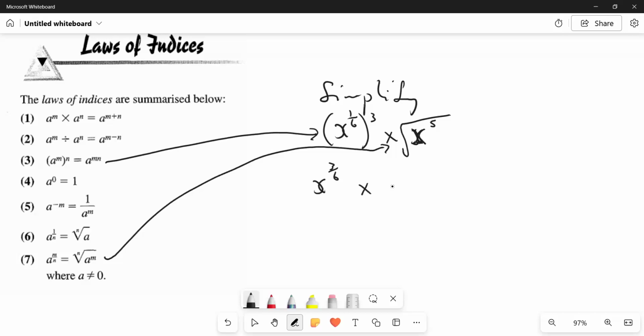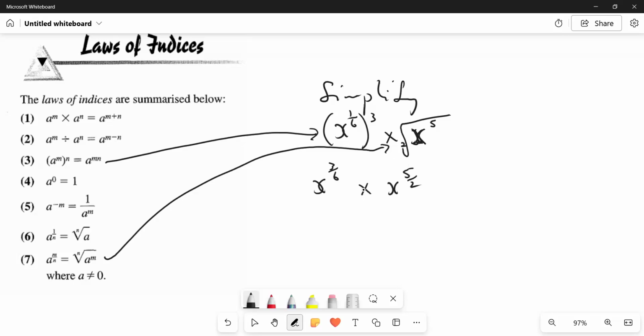So we end up with x to the 5/2. There's a square root here, even though we don't write 2 in it. We know it's a square root. If it's a cube root, we write 3. If it's a fourth root, you write 4, but when it's a square root, you don't put anything.